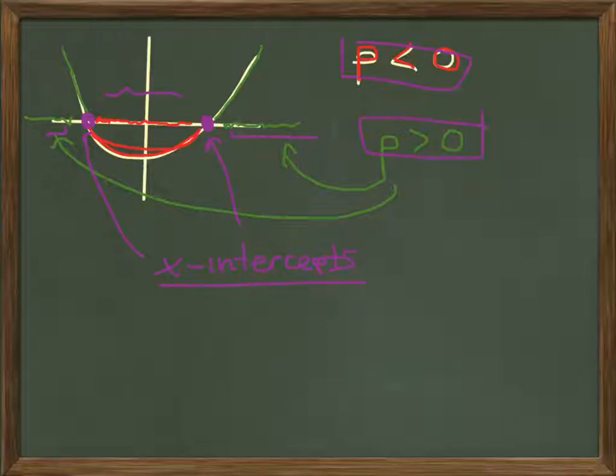So if you understand this big idea, our goal is to understand where is the parabola above the x-axis or below the x-axis, depending on the question. To do that, you really need to solve where is the parabola equal to 0, which means it lies on the x-axis. And from there, go and say, well, where is it above and where is it below?